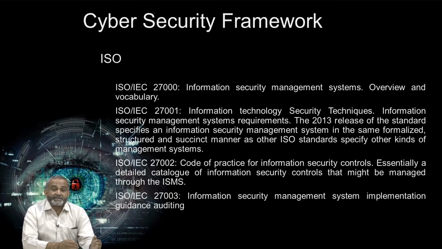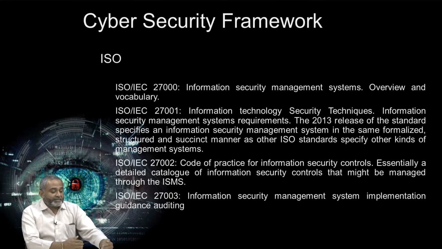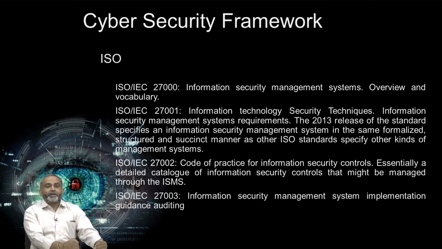Now, it is concerned with auditing, and it is very important because in the previous session we discussed the RBI guideline. Now, if we combine ISO 27000, 27001, 27002 and 27003, then you can get the idea that for a particular bank, for example, there is a bank and they have IT infrastructure.